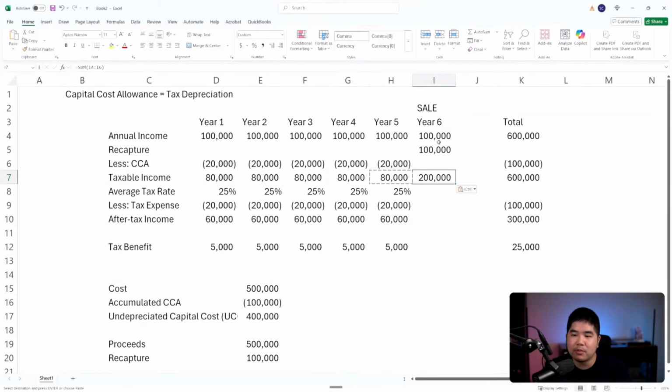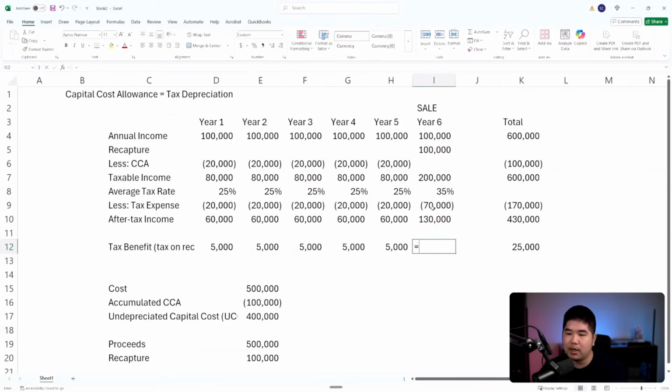And because your income shoots up from $100,000 to $200,000, your average tax rate will also go up. So let's say your average tax rate now is 35%. And then your expense for that year will be $70,000, and your after-tax income is $130,000. So what was the additional tax on this recapture?